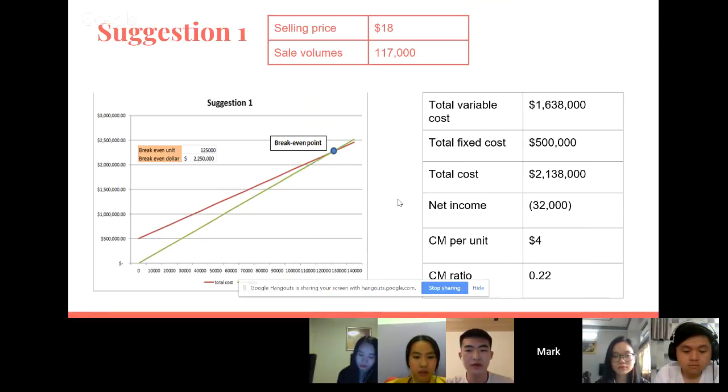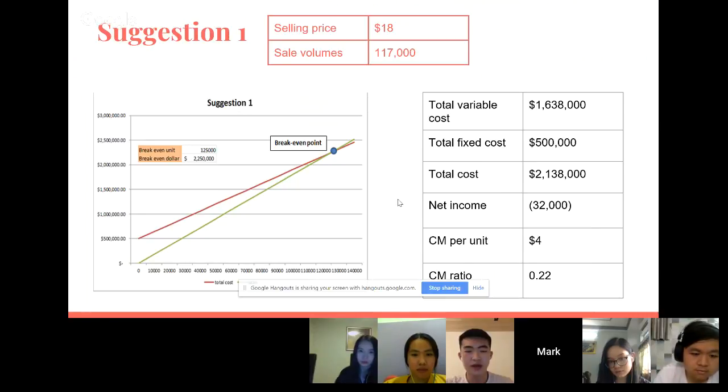And in terms of break-even in units and dollars, this suggestion was the highest among other suggestions, which was 125,000 and 2,250,000. So high break-even in units and dollars is not beneficial for the company to make profit. The best suggestion should have low break-even in units and dollars.